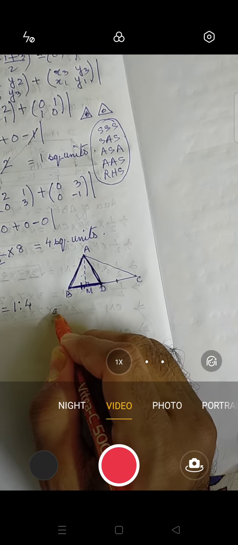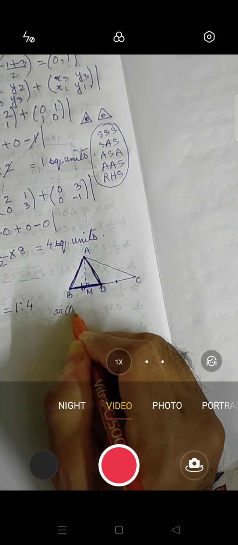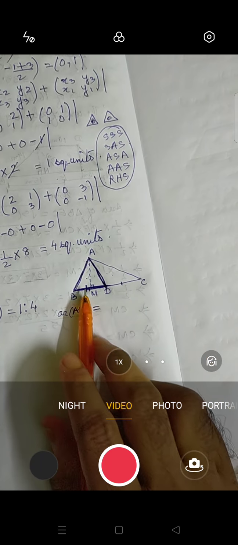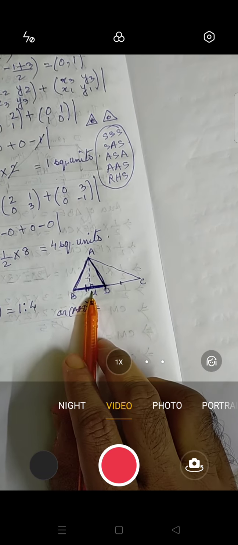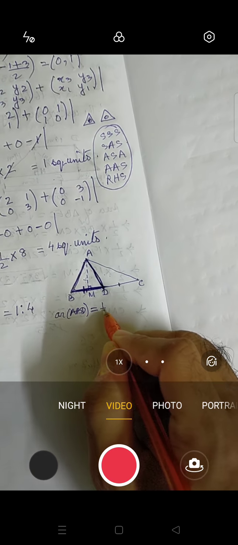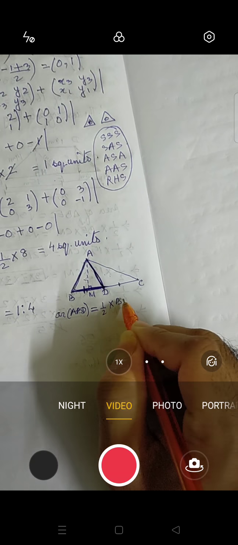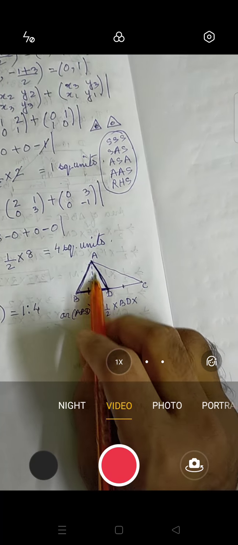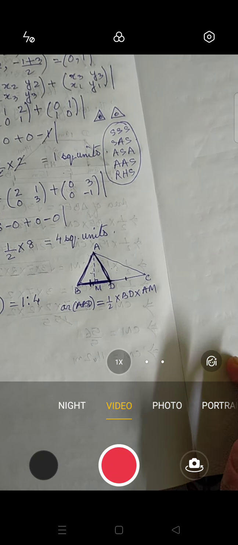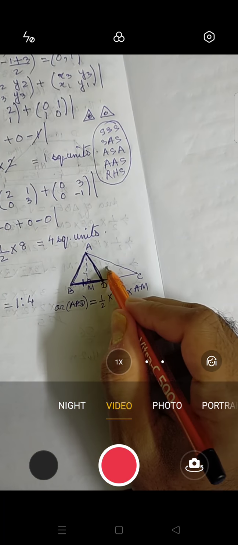So can I say that area of ABD? The area of a triangle can be found if you know the base and height. So this is the base, this is the height. So half into base BD and height AM. Fine. Now same way, this is another triangle.